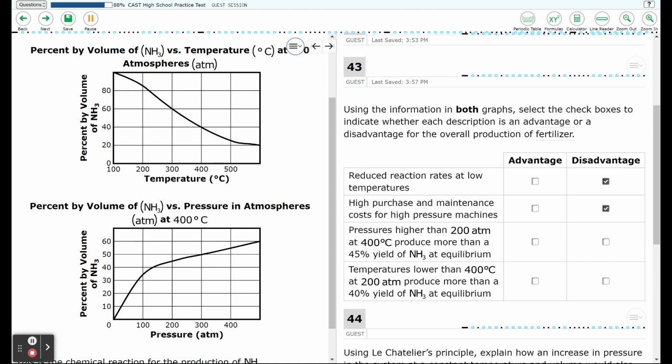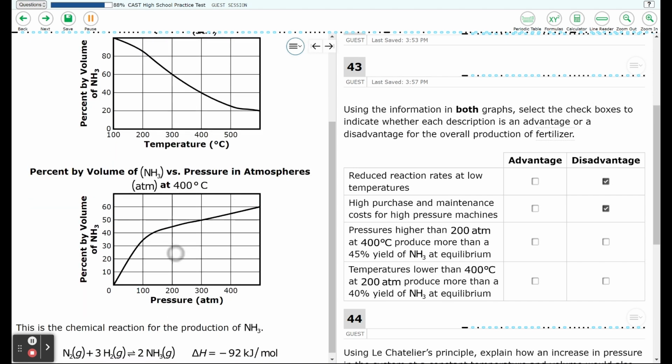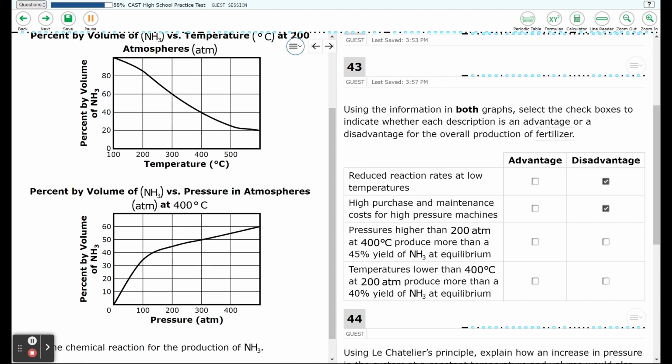Then we look at pressures higher than 200 ATM at 400 degrees Celsius. So at 400 degrees Celsius, pressures above 200. Okay, so we see that there. Yield 45% or higher ammonia. We want high levels of ammonia to be produced.